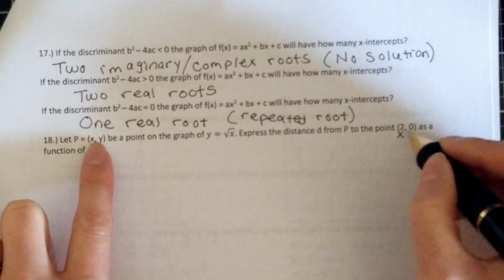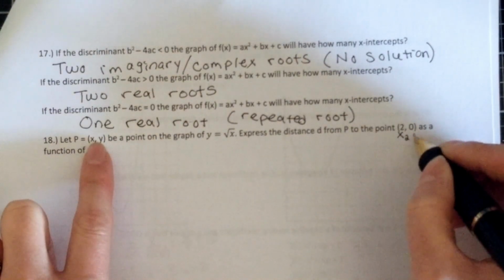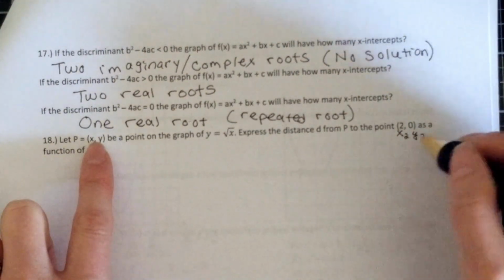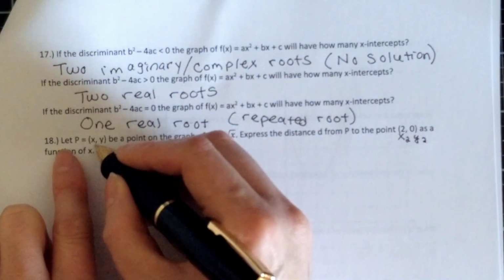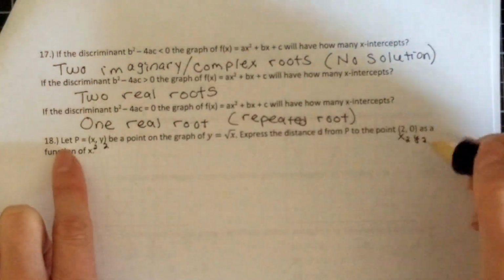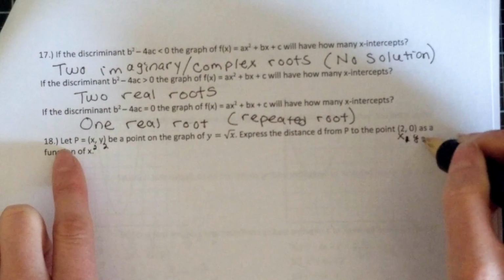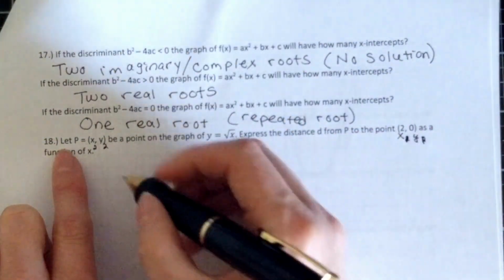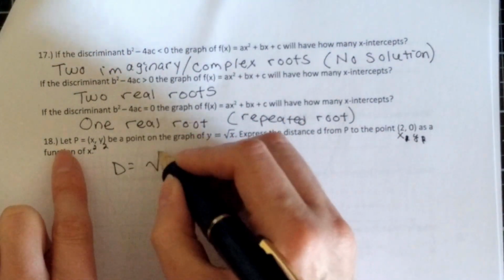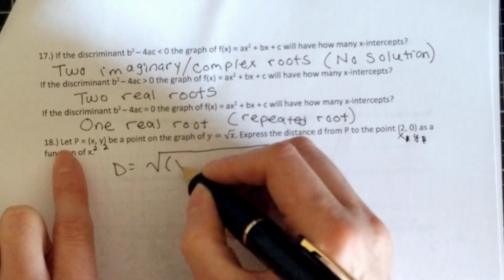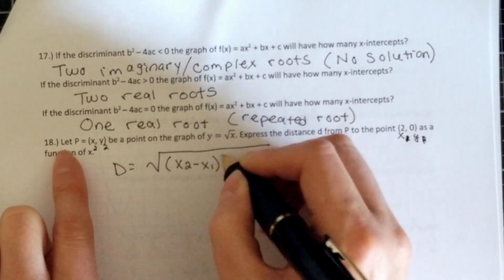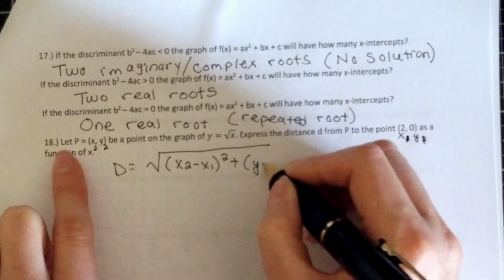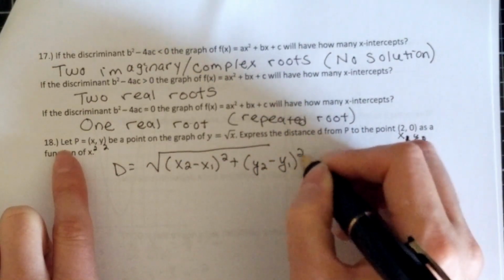This would be your x2, y2, although I would probably label these ones to be the 2's and these ones to be the 1's, just so they go in a better order. All right, the distance formula is the square root of x2 minus x1 squared plus y2 minus y1 squared.